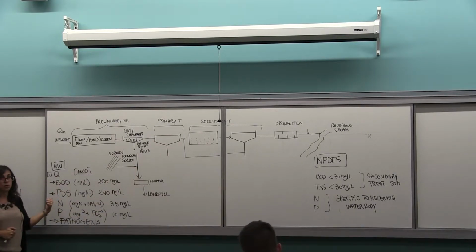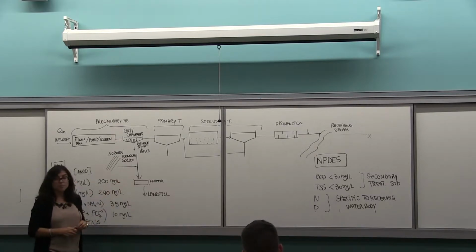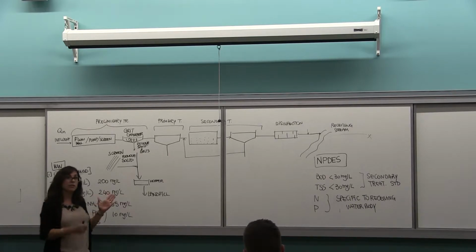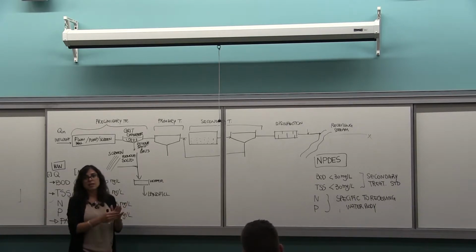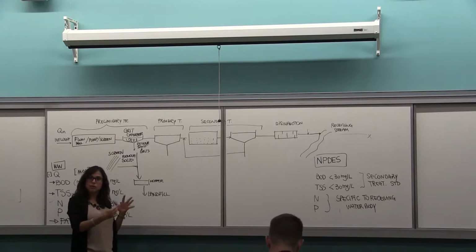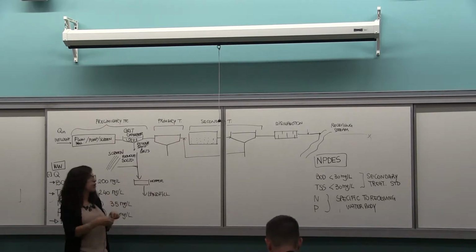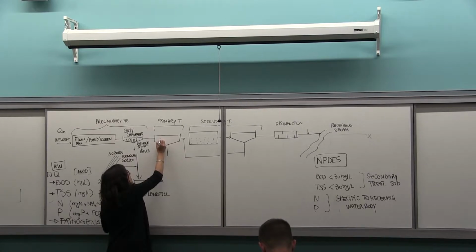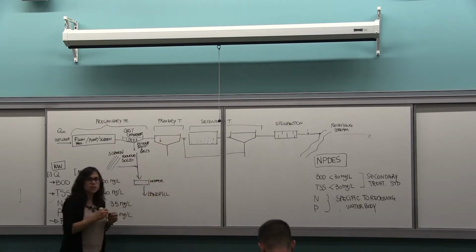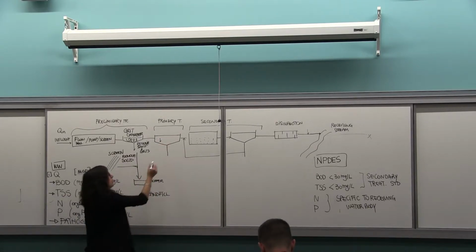A primary treatment or sedimentation basin is a physical treatment. Slow down the flow, slow enough that a particle can settle out of the solution and be collected at the bottom.